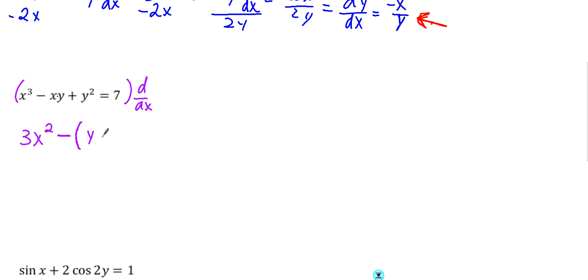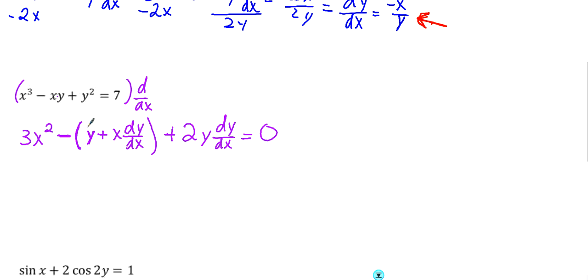It's going to be y plus x dy over dx, because we have to do product rule. The derivative of x is 1, the derivative of y is dy over dx, plus the derivative of y squared, just like we did before, is 2y dy over dx, equals 0, because the derivative of 7 is 0.